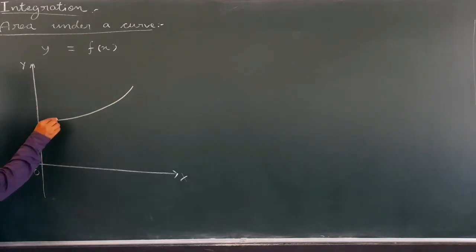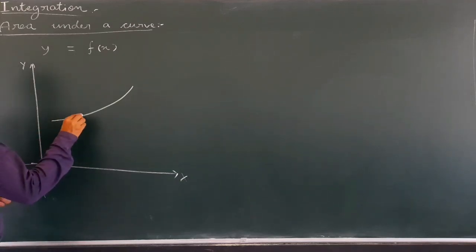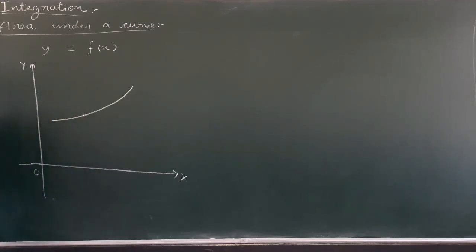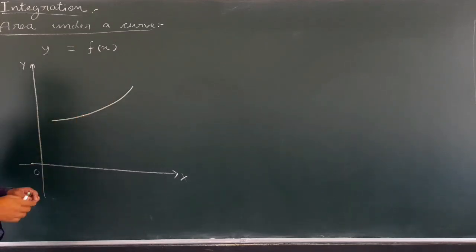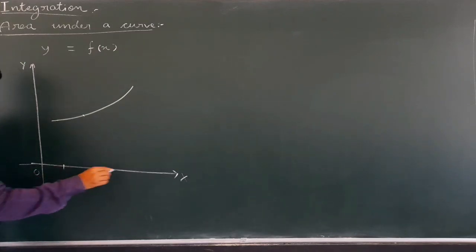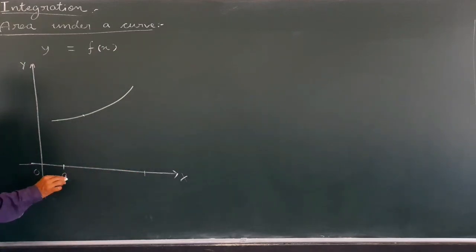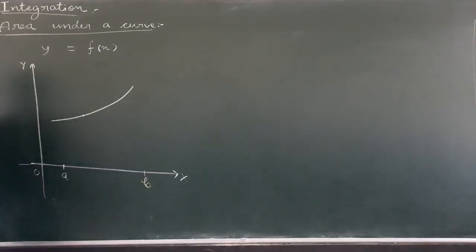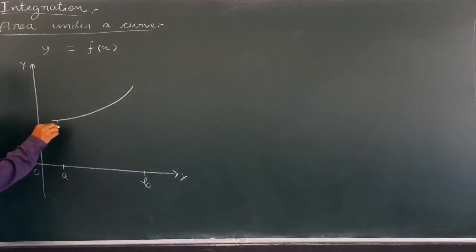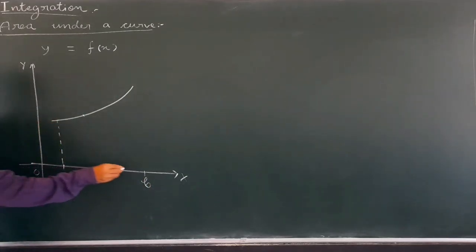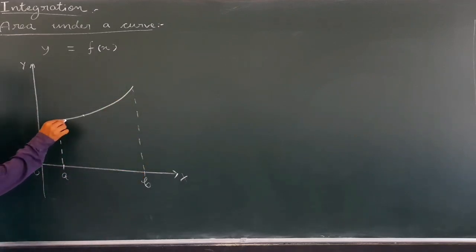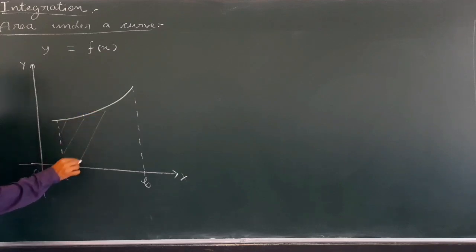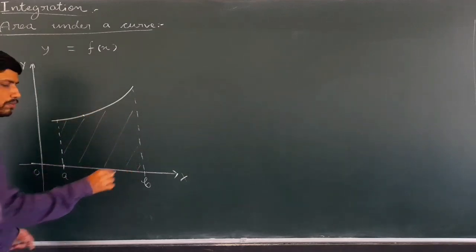Okay, choose a point. We wish to find the area under this curve between two points, say these two, A and B. So this is the area. This shaded region we have to find.